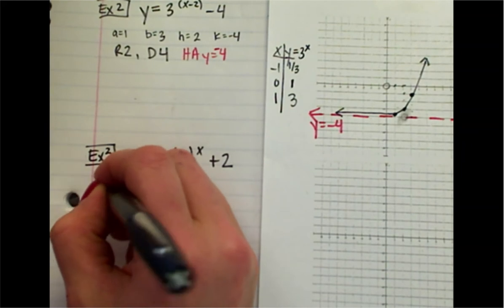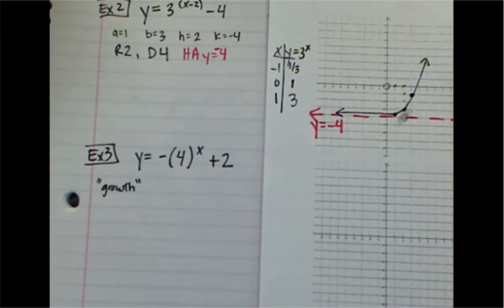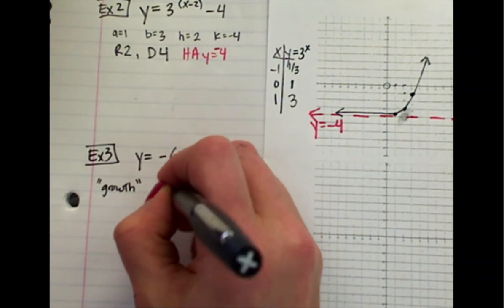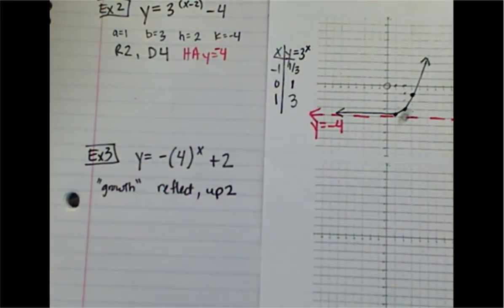I'm going to say "growth." I'm putting it in quotes on purpose, and I'll tell you why. Reflect and up 2. Oh, I should put something next to up 2.